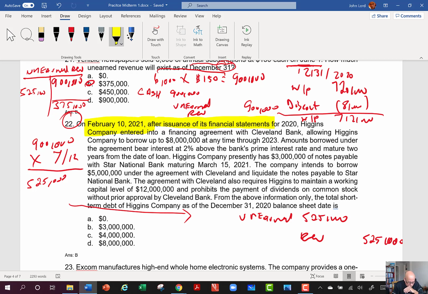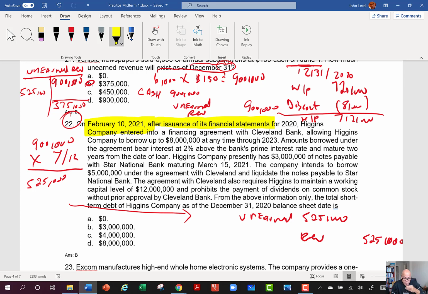Amounts borrowed under the agreement bear interest at 12% above the bank's prime rate and mature 2 years from the date of the loan. Higgins Company presently has $3 million of notes payable with Star National Bank maturing March 15, 2021.